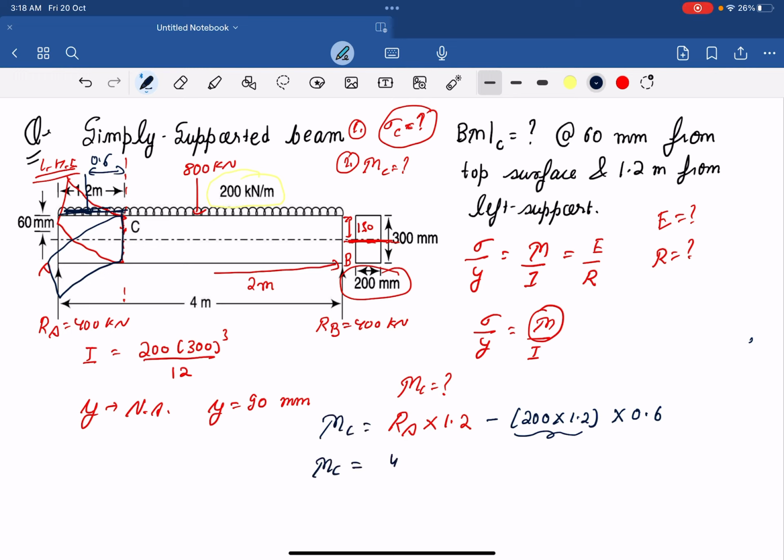Now calculate at point C. It is RA, 400 into 1.2, minus 200 into 1.2 into 0.6. Now put this value in the calculator and check what your answer is.